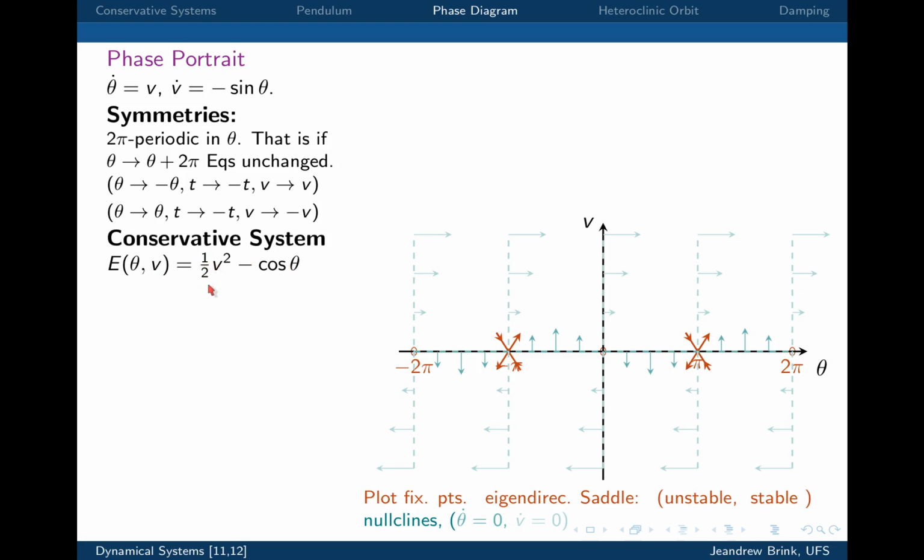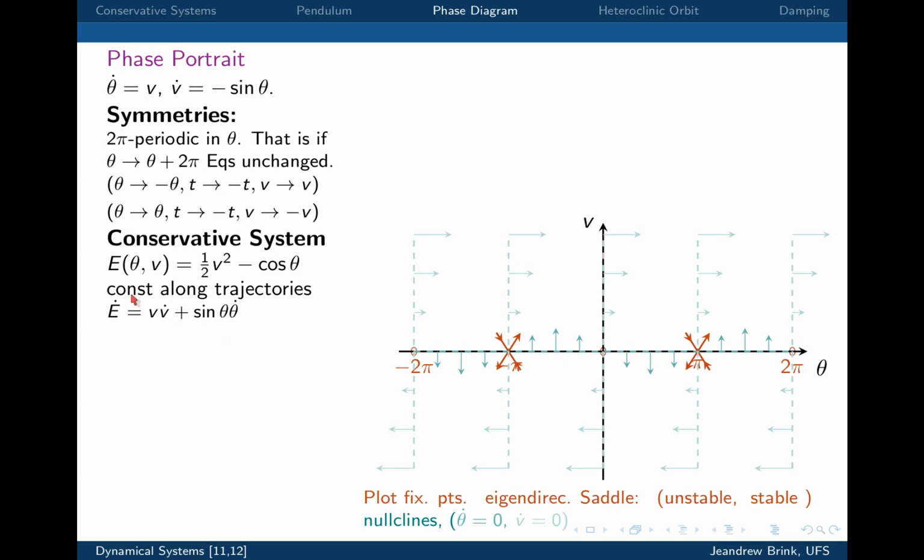So you have E equals a half v squared plus cos theta. In physics you'd view it as the kinetic energy plus the potential energy remaining constant for a particular orbit. In this case, it's just a mathematical thing that obeys the property that along the trajectories E dot is equal to 0, and we're simply going to check that now.